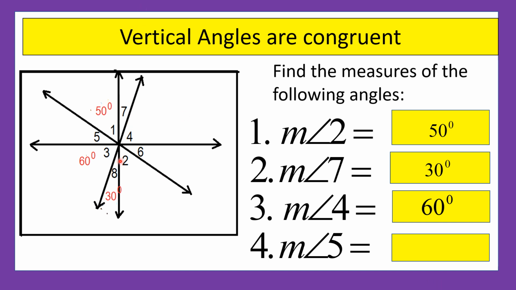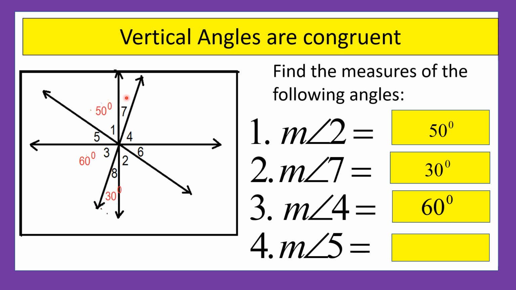We need to find the measure of angle 5. Looking at the figure, from angle 7 to angle 3, we have a protractor. So the measure of angle 7 is 30 degrees. 30 plus 50. What is 30 plus 50?